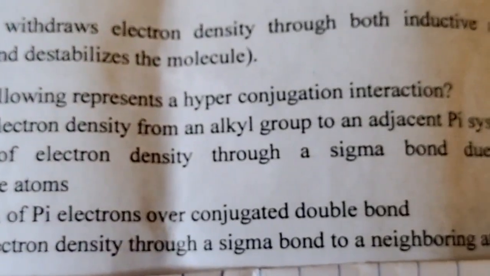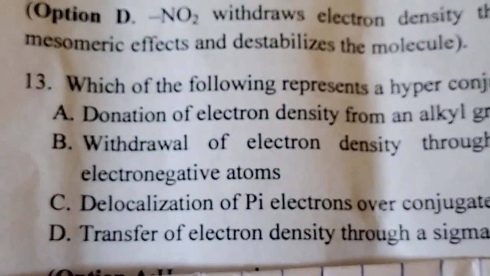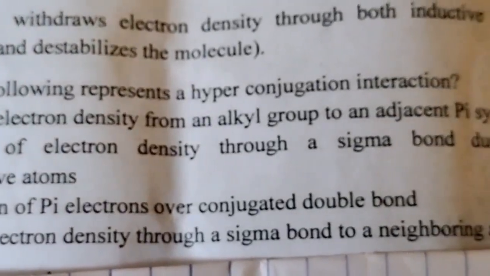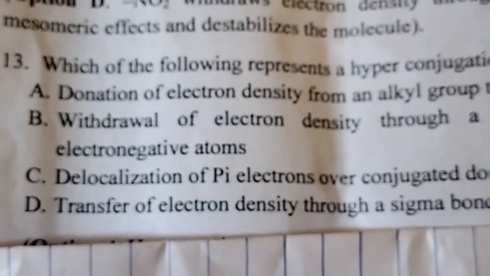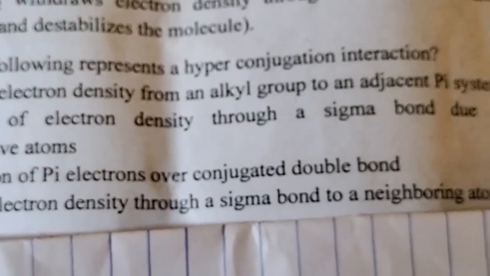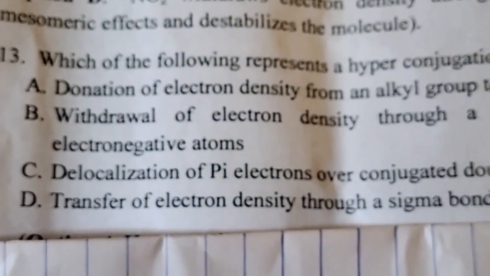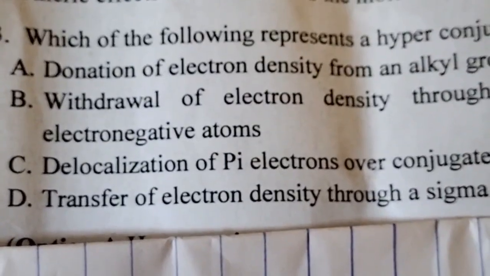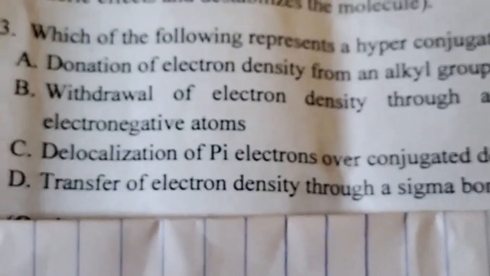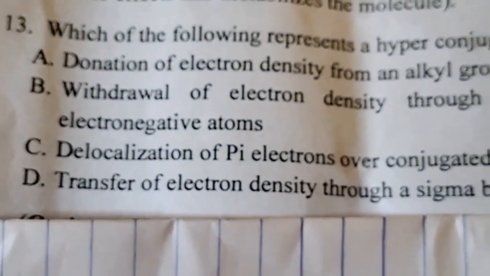Number 13. Which of the following represents a hyperconjugation interaction? A. Donation of electron density from an alkyl group to an adjacent pi system. B. Withdrawal of electron density through a sigma bond due to electronegative atoms. C. Delocalization of pi electrons over conjugated double bonds.